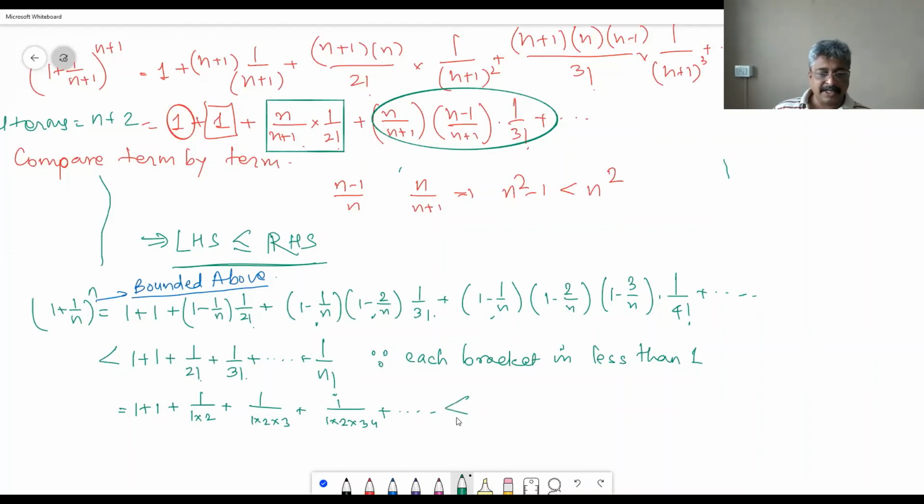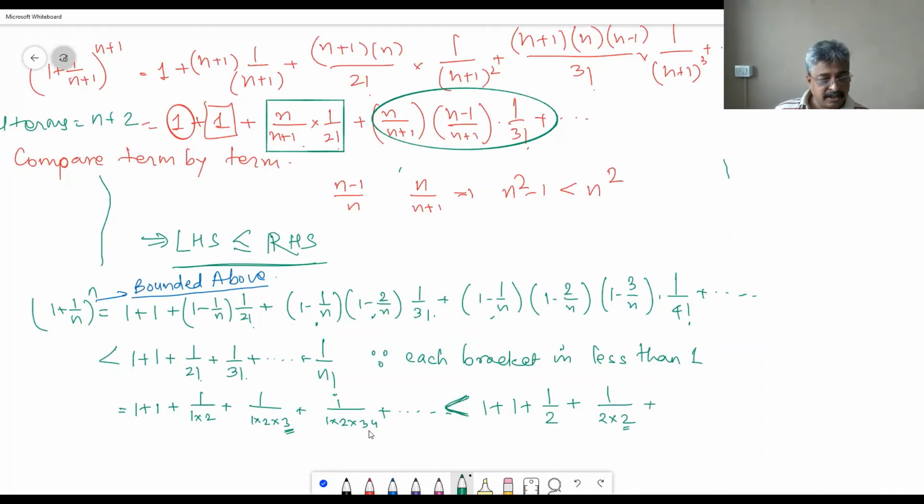So I can write this is going to be less than, equality is gone, 1 plus 1 upon 2 as it is, plus 1 upon 2 into 2. So instead of this 3 here, I wrote 2. That means I have decreased the denominator, that means I have increased the fraction. This was 1 upon 6, this is 1 upon 4. So this is bigger than this. So that inequality I am maintaining here.